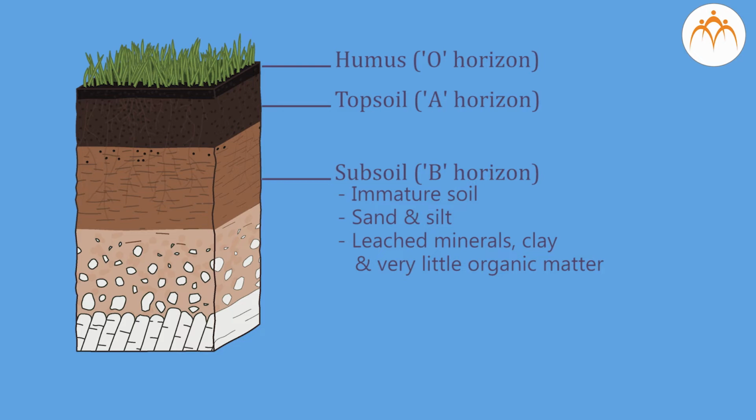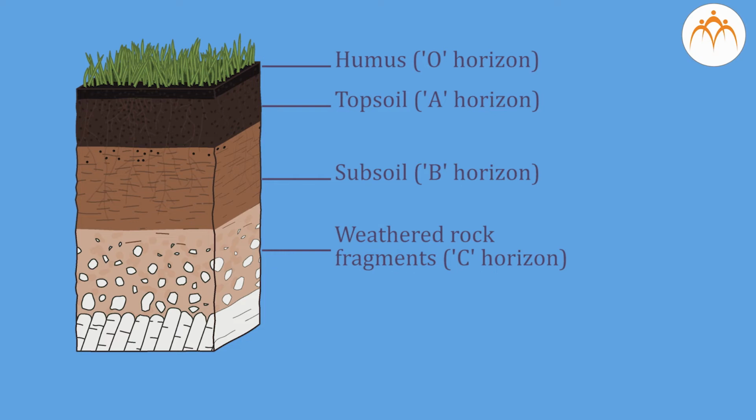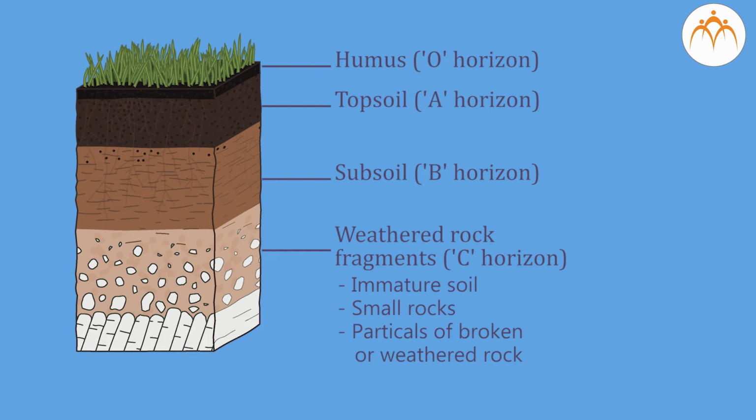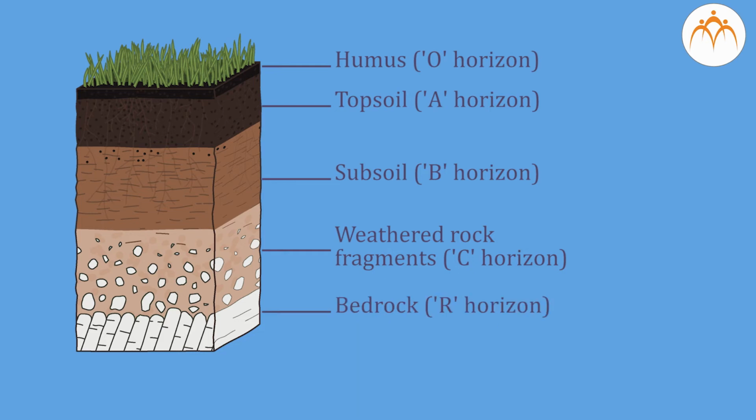As we move further down, the amount of soil and organic matter decreases and that of sand and weathered rocks increases. The C horizon, weathered rock fragments, consists of immature soil and small rocks, particles of broken or weathered rock. The R horizon is the compact layer of original rock present in a particular area.